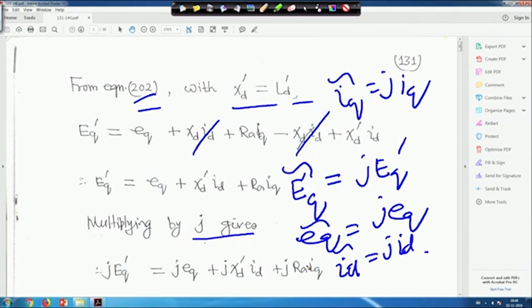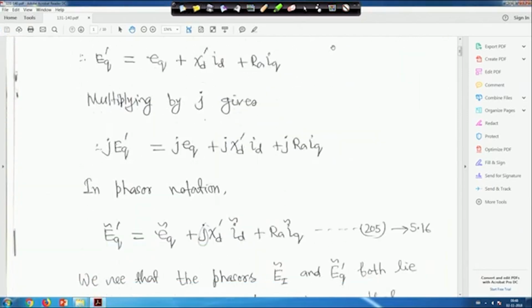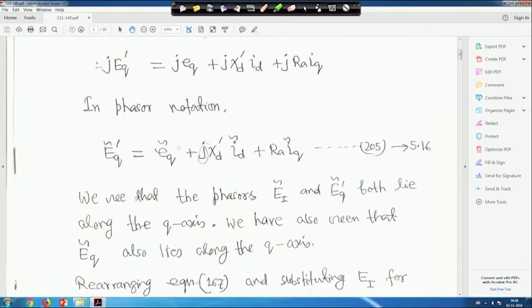If you do so, then the next equation in phasor notation will be E_q dash tilde is equal to E_q tilde plus x_d dash I_d tilde plus R_a I_q tilde. This is equation 205, this is for my reference, right.